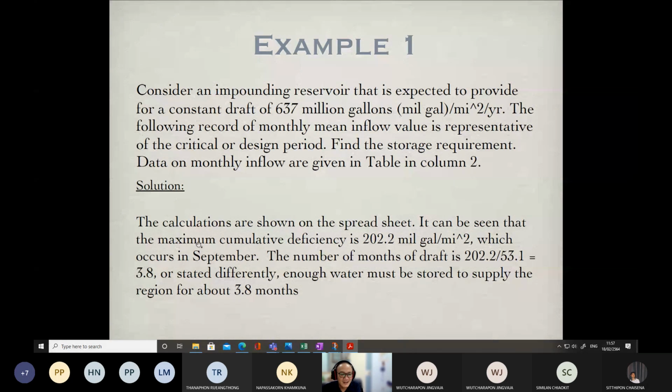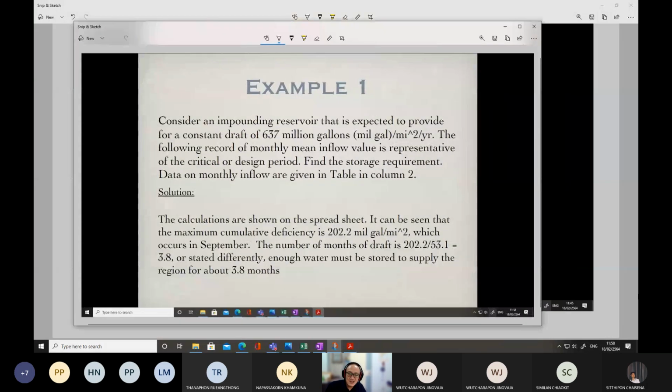The maximum cumulative deficiency is 202, which occurs in September. So the number of months of the draft gives the volumes, and this one is the average withdrawal rate. If you take the volumes divided by the flow rate, this is the volume of the storage.